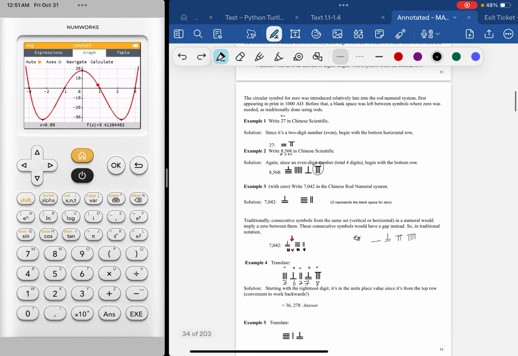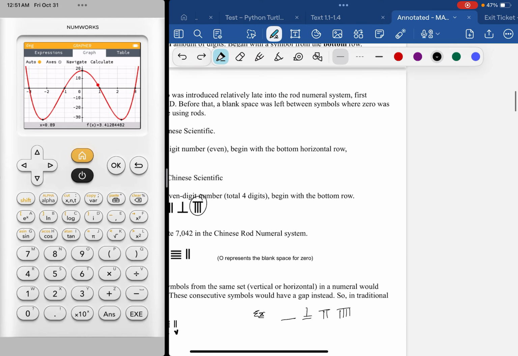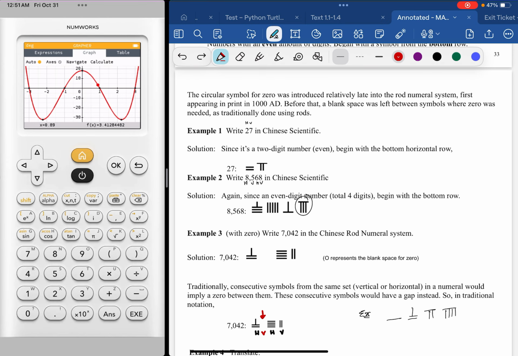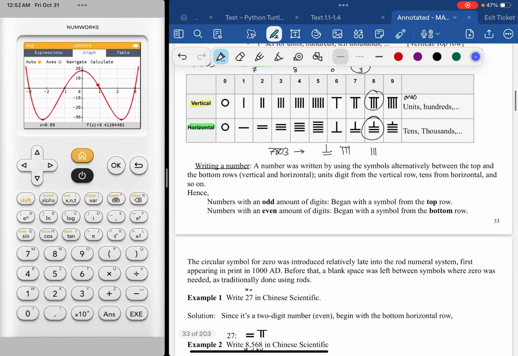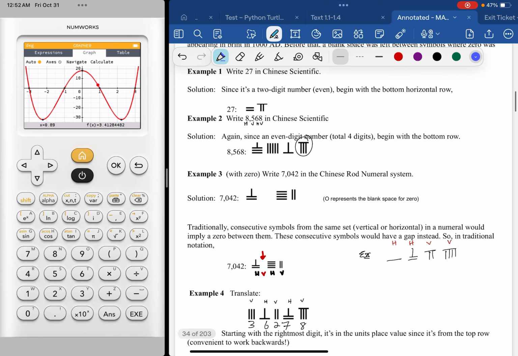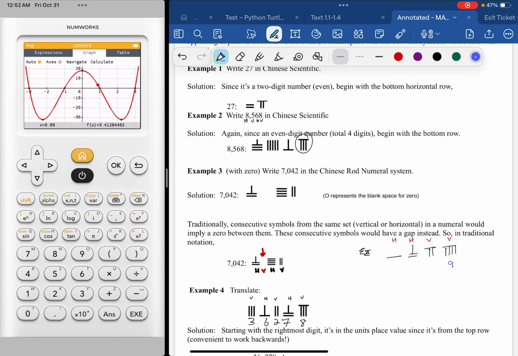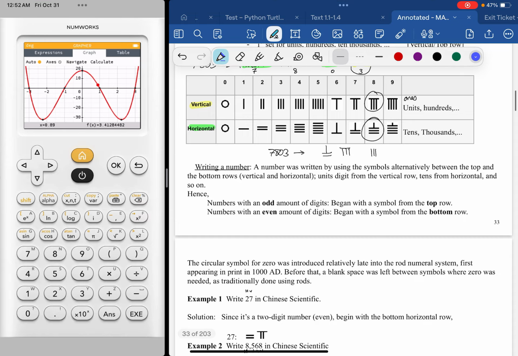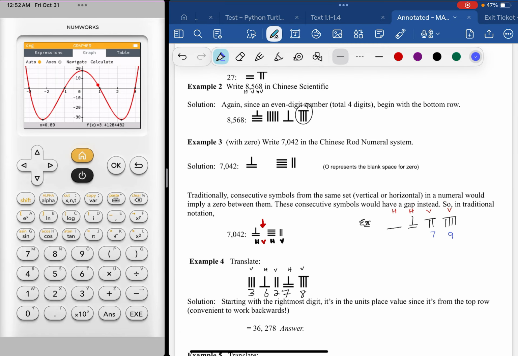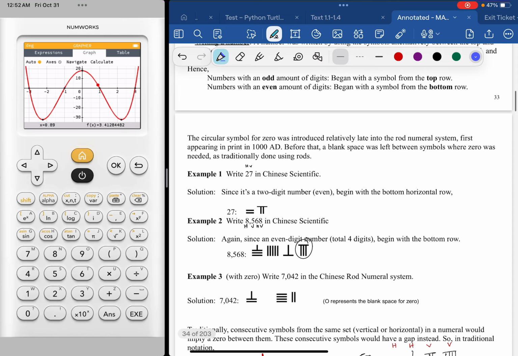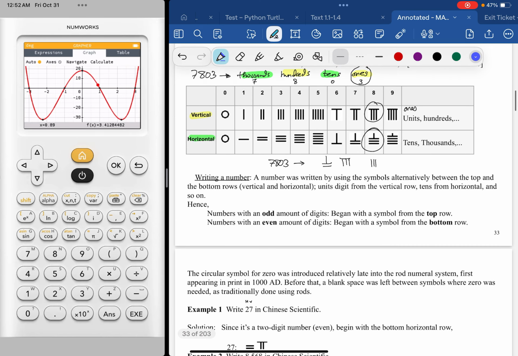Let me do my example here, where I purposely made it maybe a little trickier. We have a vertical, a horizontal, and a horizontal. My vertical with the 4 vertical line segments would be equivalent to a 9. Then I have my 7.